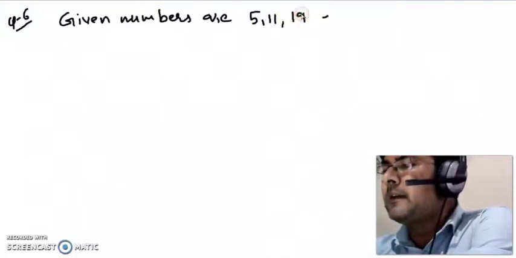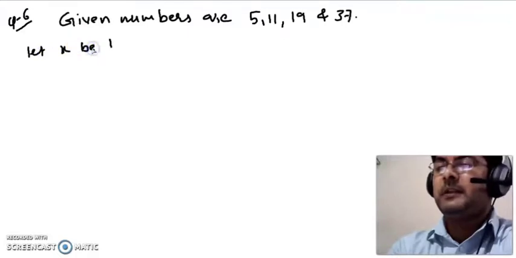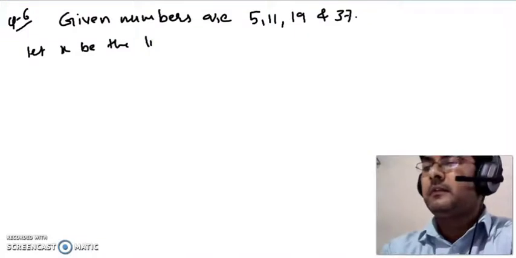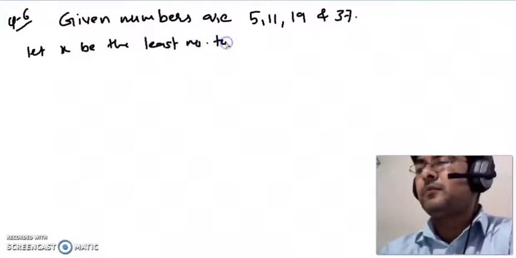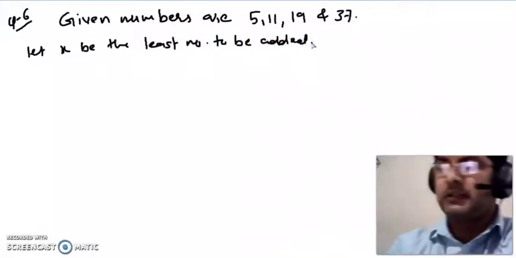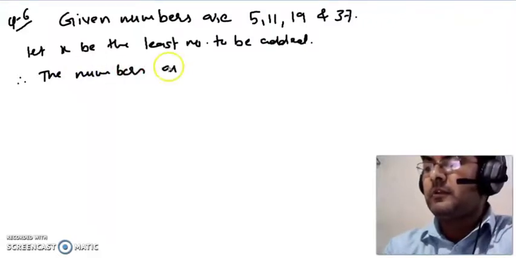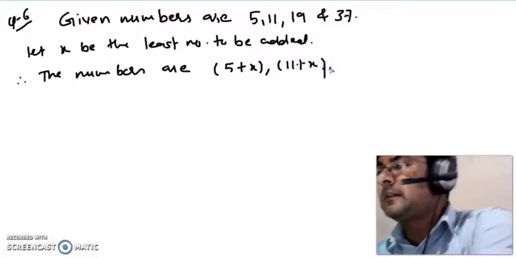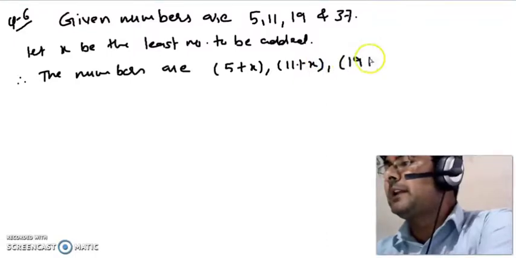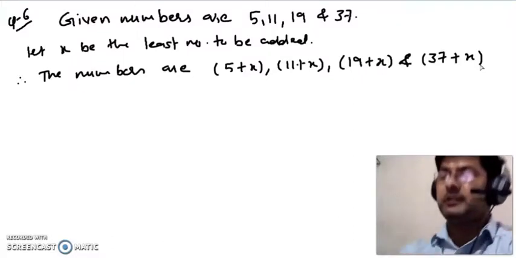Let x be the least number to be added to each of the numbers, and therefore the numbers will become 5 plus x, 11 plus x, 19 plus x and 37 plus x.